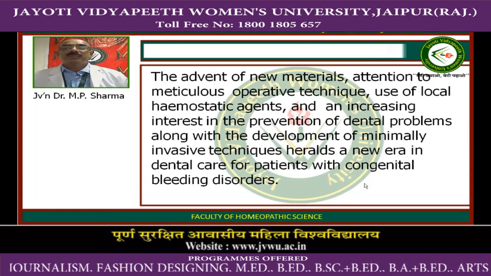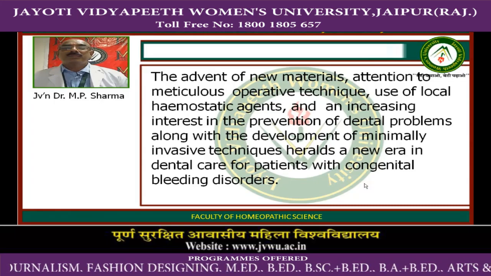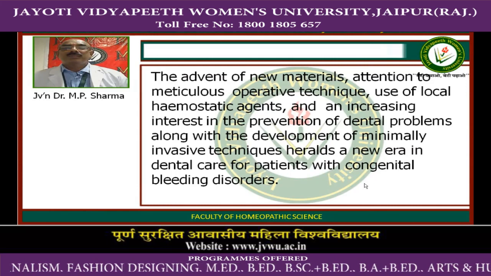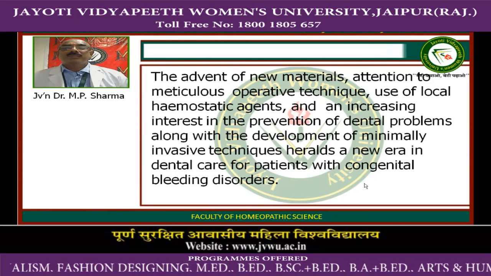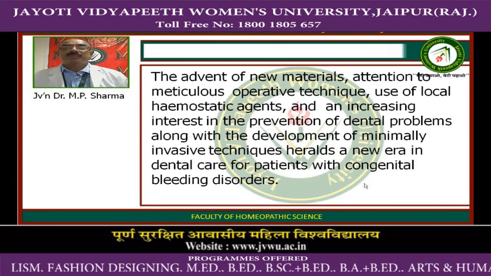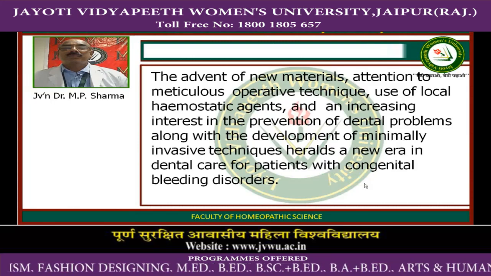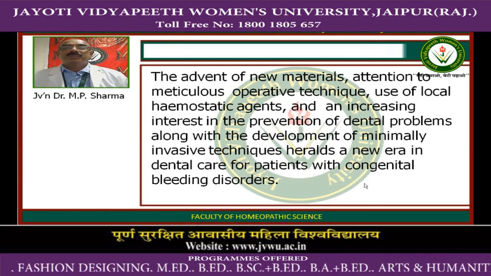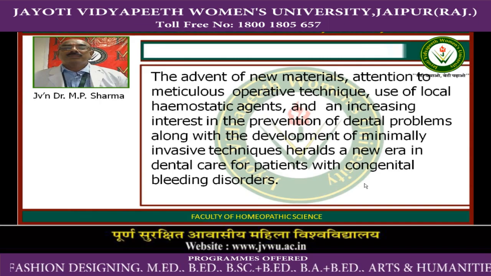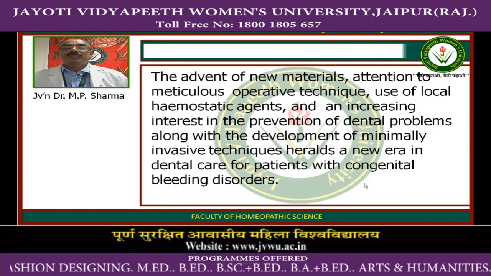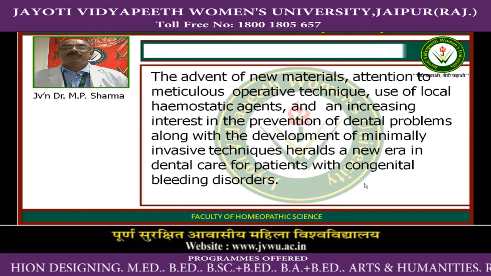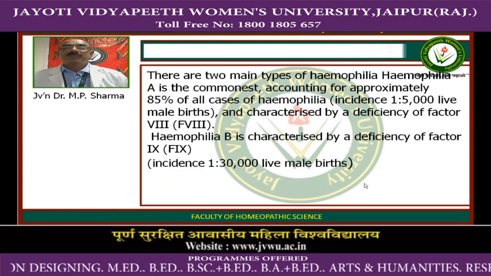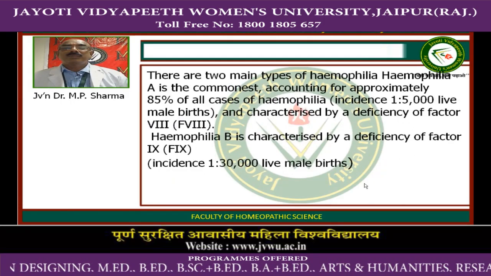The advent of new materials, attention to atraumatic operative technique, use of local hemostatic agents and an increasing interest in the prevention of dental problems, along with the development of minimally invasive techniques, herald a new era in dental care for patients with congenital bleeding disorders.